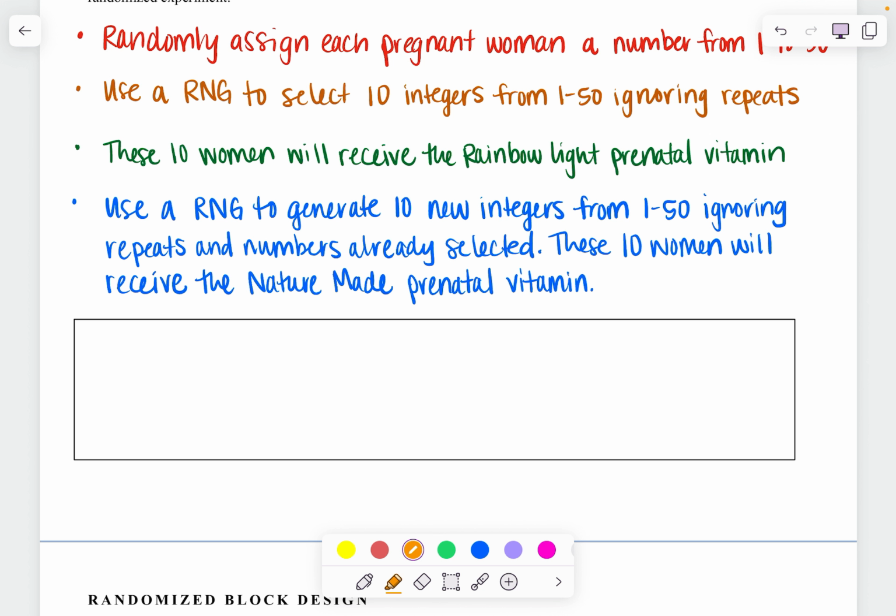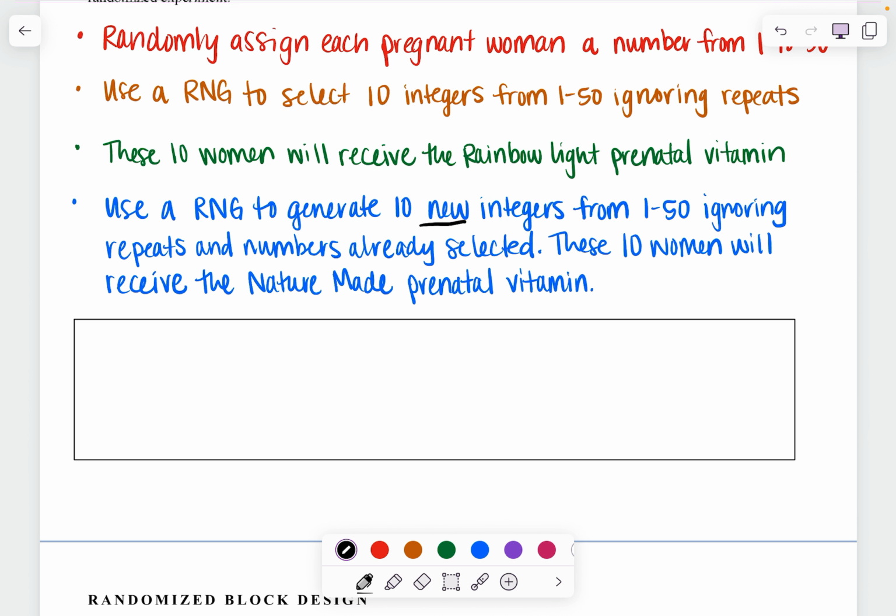For the second treatment group, I said use a random number generator to generate 10 new because I don't want them to use, and new can kind of cover a couple of bases. But again, I'm over clarifying when I give these directions. 10 new integers from 1 to 50, ignoring repeats.